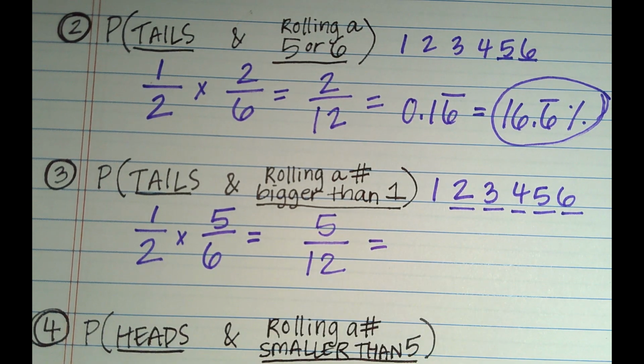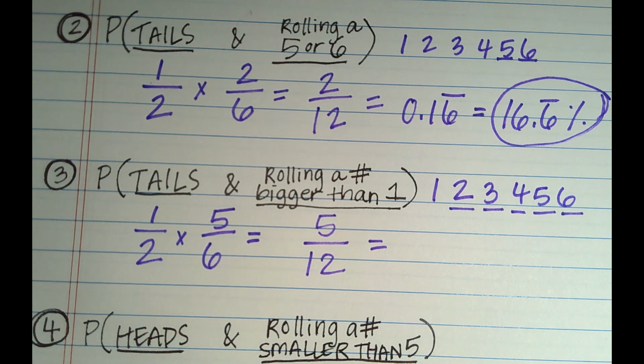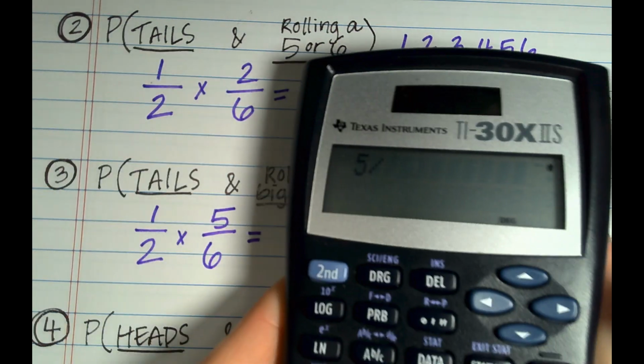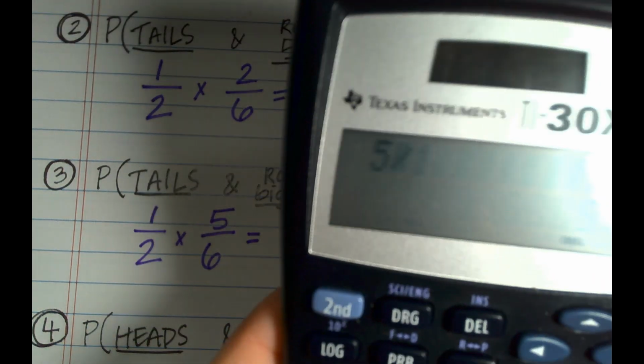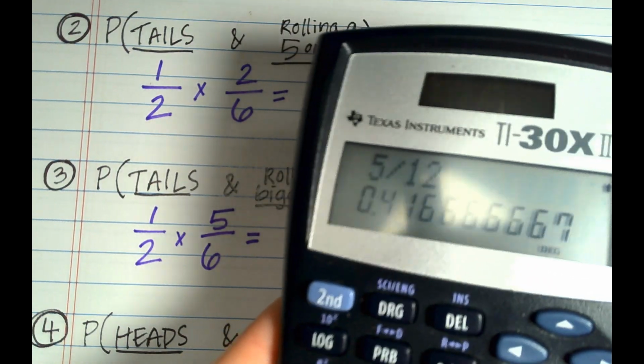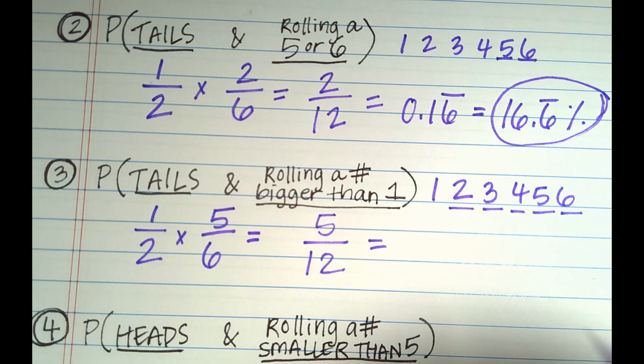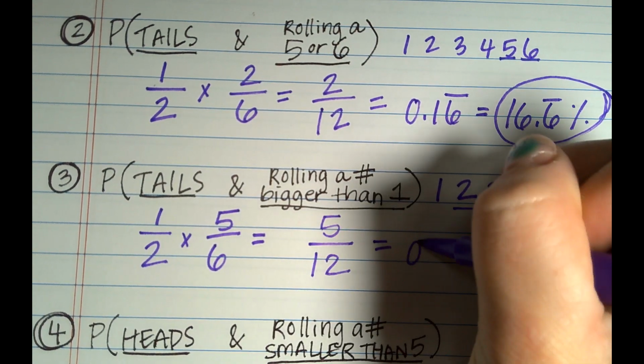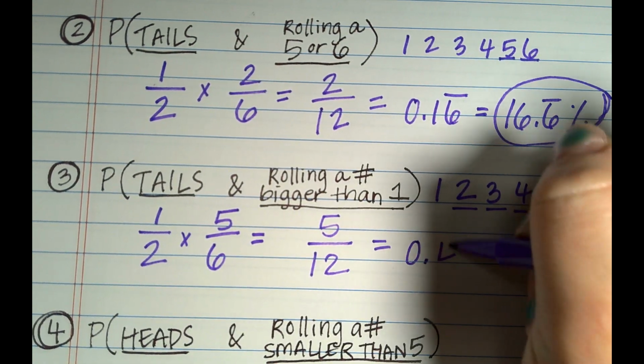What's our decimal? 0.41. Okay, hang on. Let me just get that on my calculator too. 5 divided by 12. There. 0.416 repeating if we wanted to be super precise, but I'm fine with 0.41.